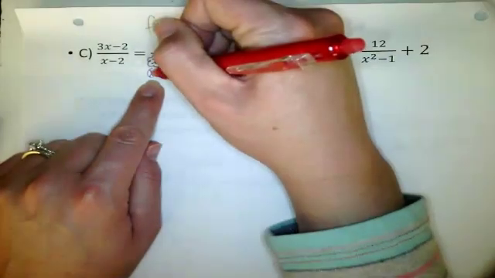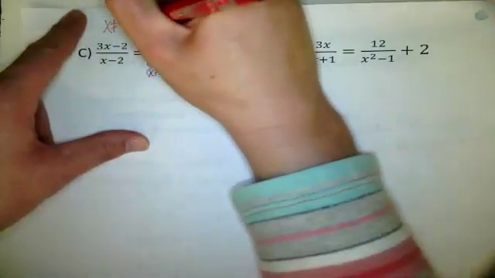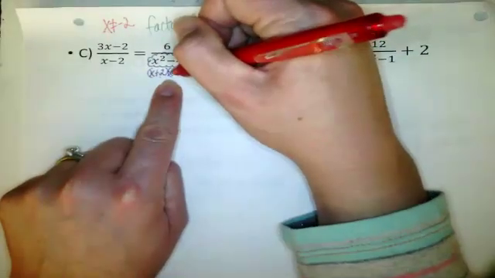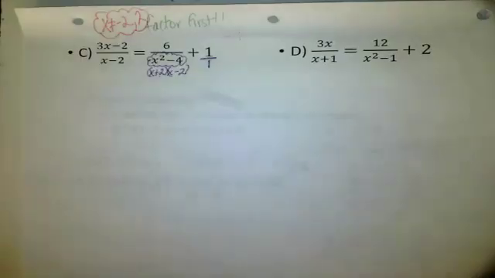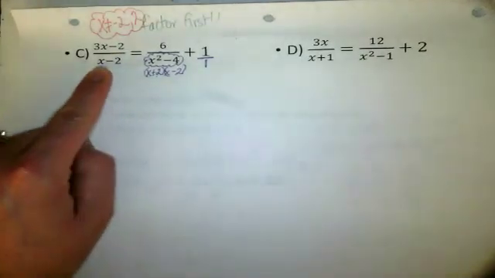If I plug in a -2, -2 plus 2 would give me a 0, so x cannot equal -2. And here, if I plug in a 2, 2 minus 2 would give me a 0. So x is not allowed to be 2, and it's not allowed to be -2.